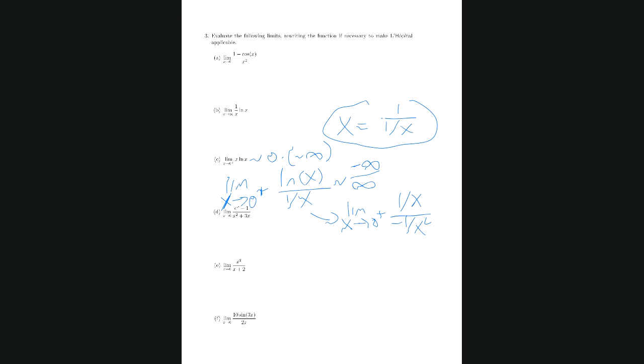So this expression is 1 over x times x squared over negative 1, which just gives me negative x. Okay, so this becomes the limit as x goes to 0 of negative x. Yep, so the answer is just 0, right?